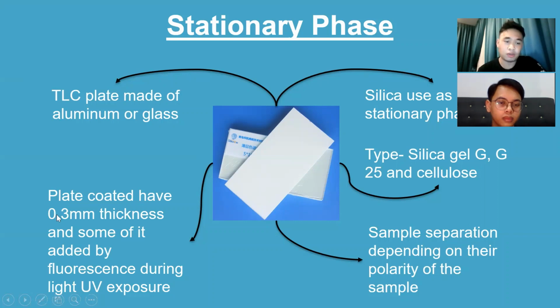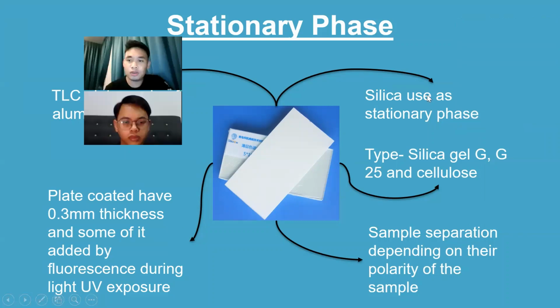The plate is coated with a 0.3 millimeter thickness, and some of it is added with fluorescence for UV light exposure. The silica is used as the stationary phase. There are types of silica gel, such as silica gel G25, and cellulose.